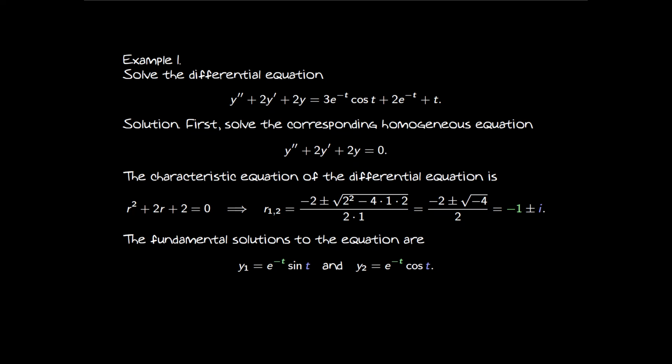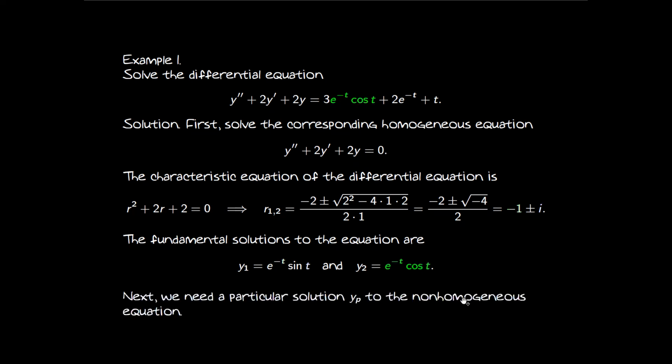Next, we need to find a particular solution to the non-homogeneous case. And we need to address all the terms here, okay? But for the first term, we realize this is actually part of the fundamental solution.